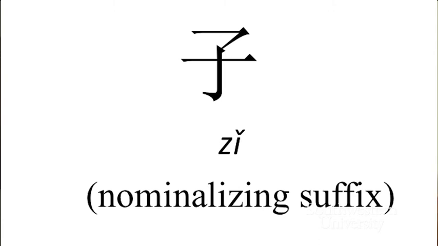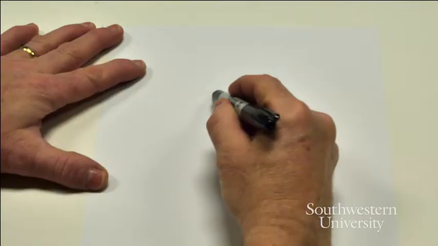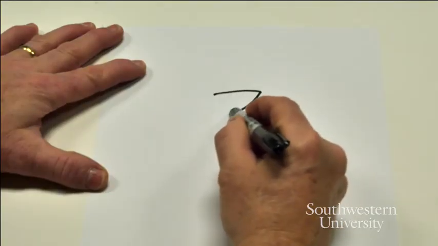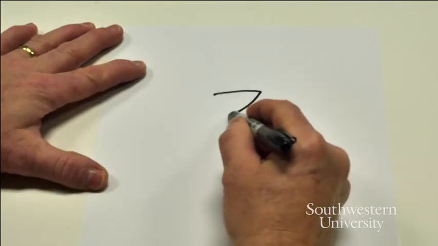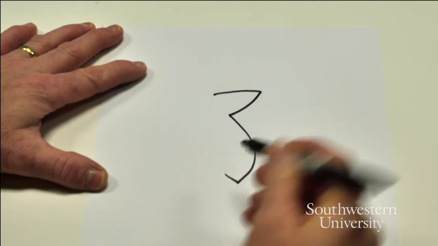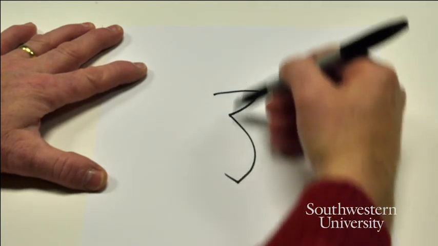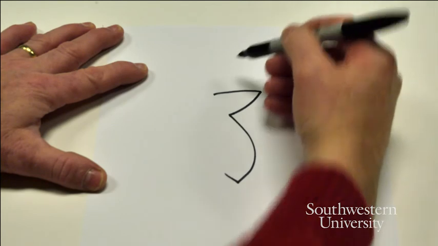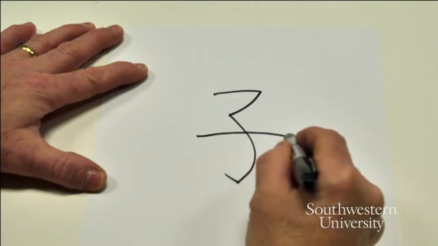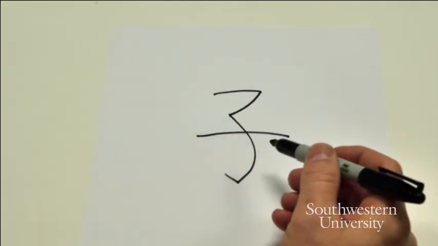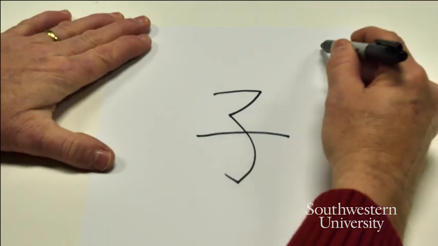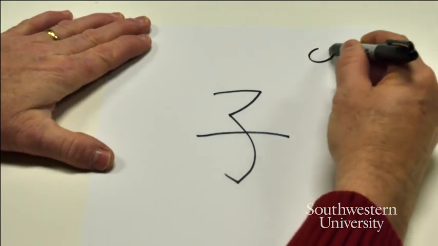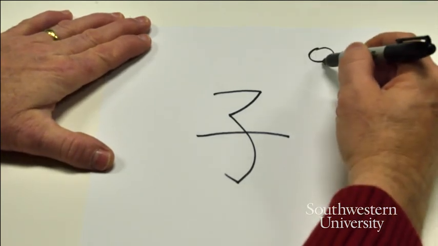Zi. This needs very little explanation about how to write it. Hung, ja, wan, go. You want this fairly vertical on an axis like that. Hung. Zi originally means a seed, like a seed of a plant or something.